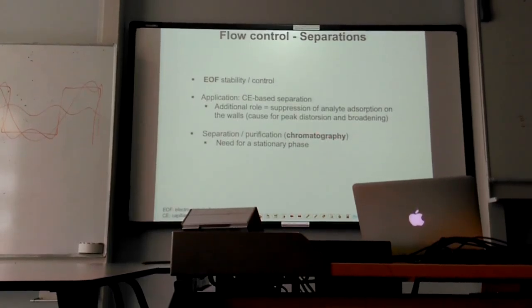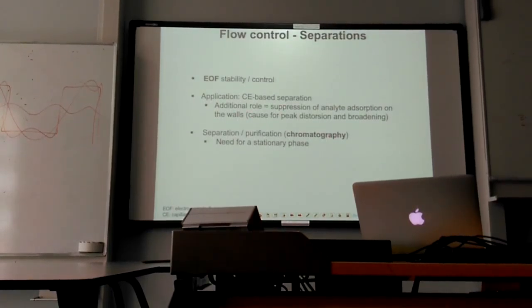Another role of the coating is to decrease the adsorption of the analytes on your surface, the interactions. As I was discussing at the beginning, if you have a lot of interactions between your biomolecules and the surface, then you can have some band broadening during your separation. I hope you can understand that part, because usually you first have the theoretical part about electroosmotic flow and separation before I give this lecture.